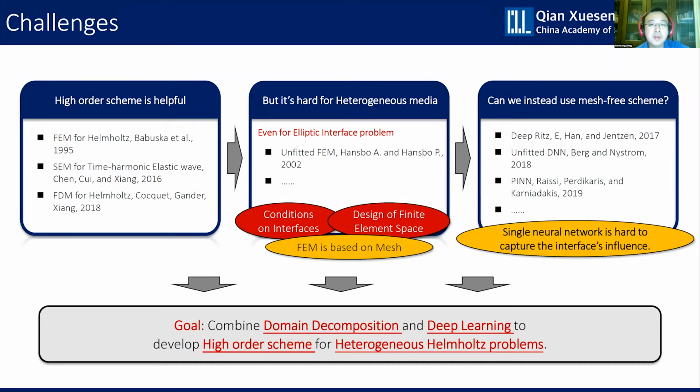But it's very hard for heterogeneous media, even for the elliptic interface problem. Despite some approaches like the unfitted finite element method and some recent developments for the elliptic interface problem, there are also some drawbacks.